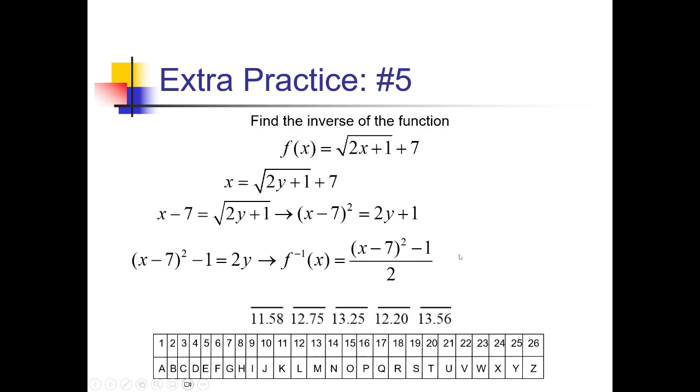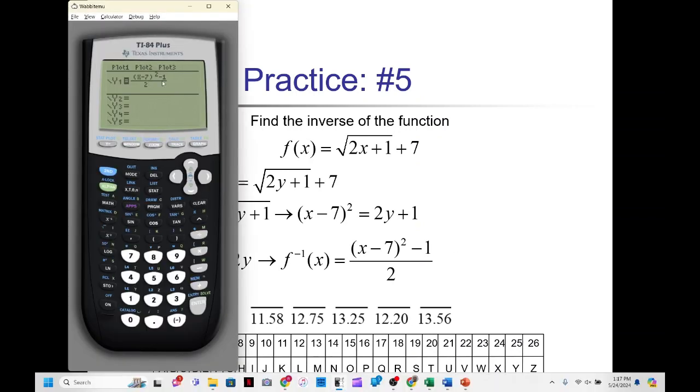Let's go to the calculator for that. So here's what that looks like on the calculator using fancy fraction mode. Let's do second table and start entering all these in here. So 11.58, it's about 10. 12.75, it's about 16. 13.25 is roughly 19.